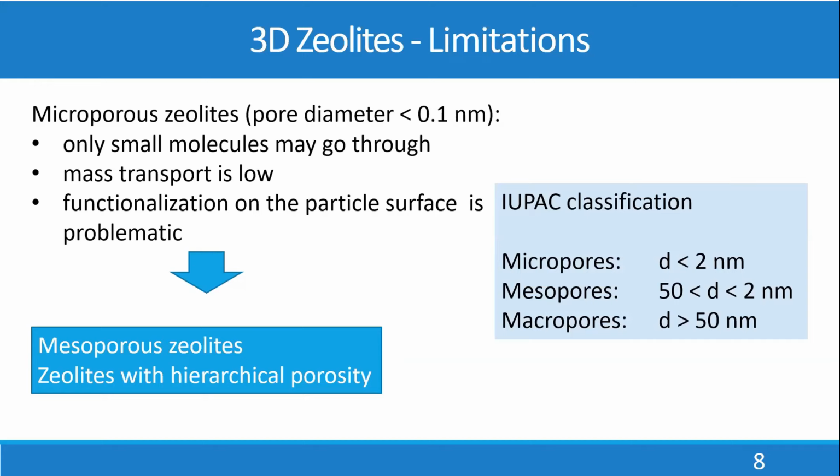Micropores mean that the pore diameter is lower than 2 nanometers. So all 3D zeolites are normally microporous zeolites. Mesopores have a pore size between 2 nanometers and 50 nanometers. And macropores have larger pore diameters, more than 50 nanometers.